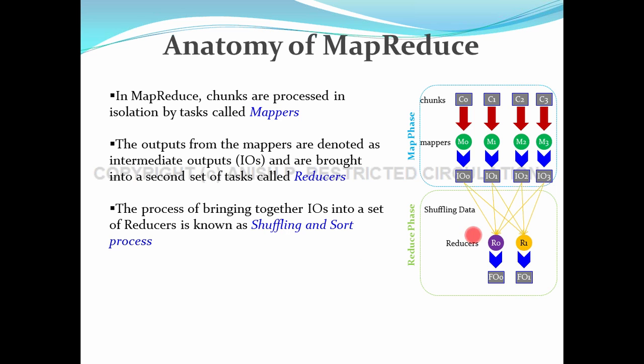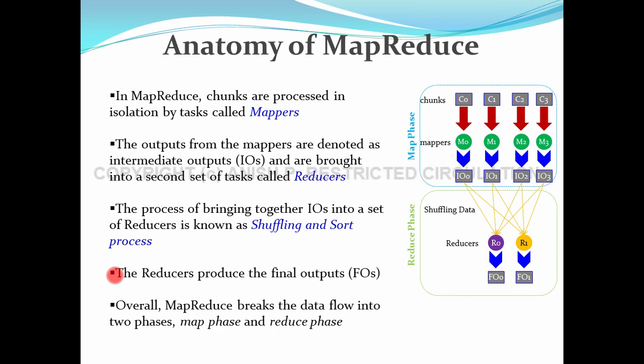And after the data reaches here, my sorting will start. The reducer produces the final output. Overall, MapReduce breaks the data flow into two phases. One is the map phase, second is the reduce phase.